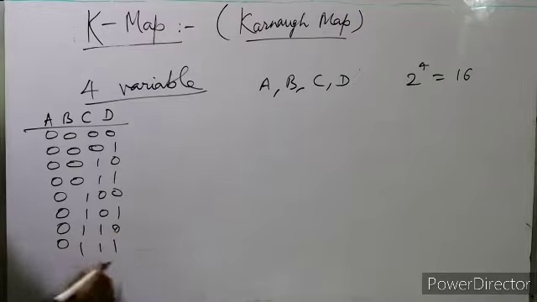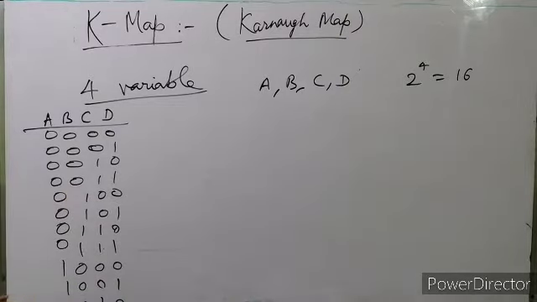Okay, now with 0 we have written these 8 terms, similarly the same thing we'll write with 1: 1 0 0 0, 1 0 0 1, 1 0 1 0, 1 0 1 1, and so on, till 15, from 0 to 15.